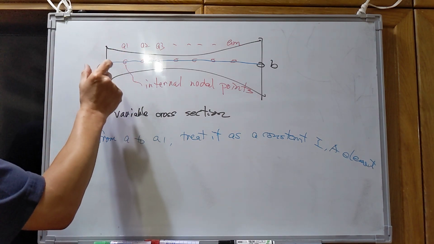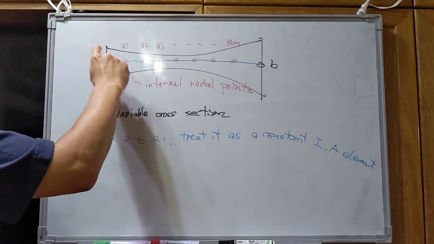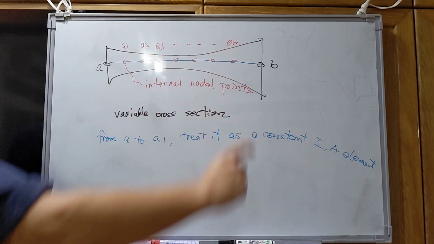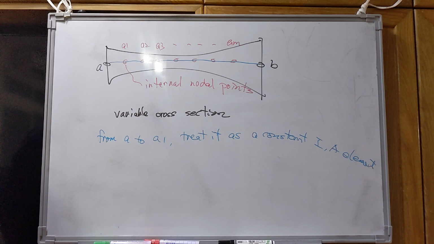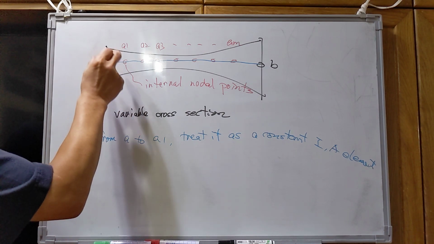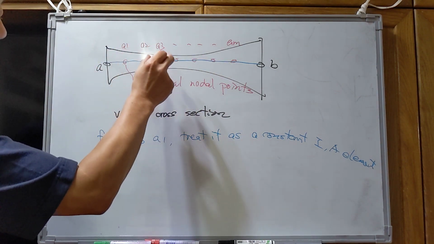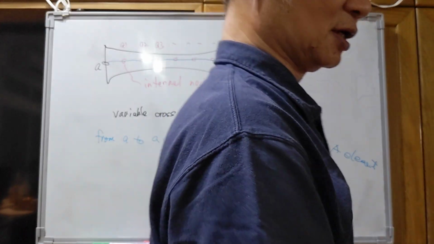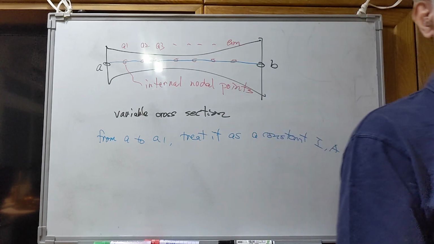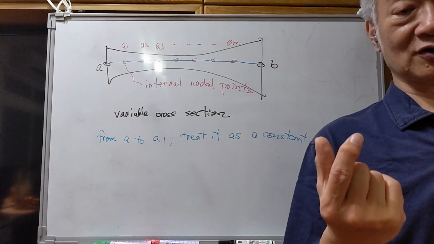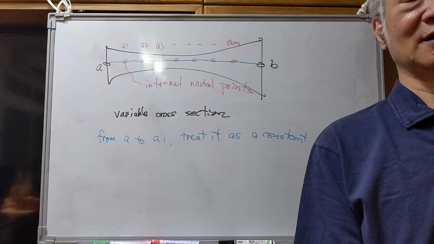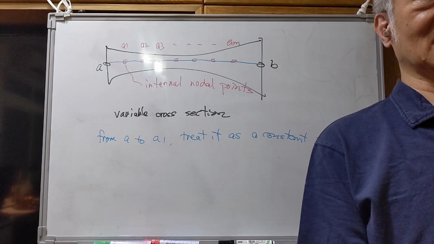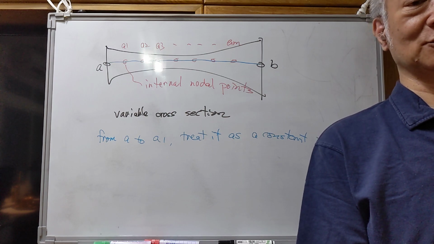Actually, it is only an assumption, since for real problems it could be a continuously changing I and A. But if we cut the entire element into many small elements, then even if we use the constant I and constant A for a very small part of the element, the errors will not be too much.